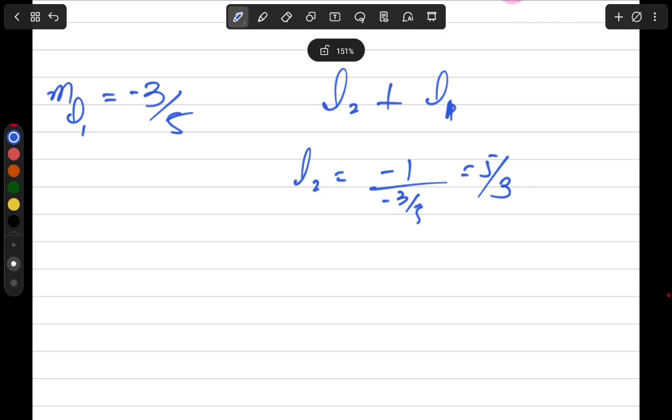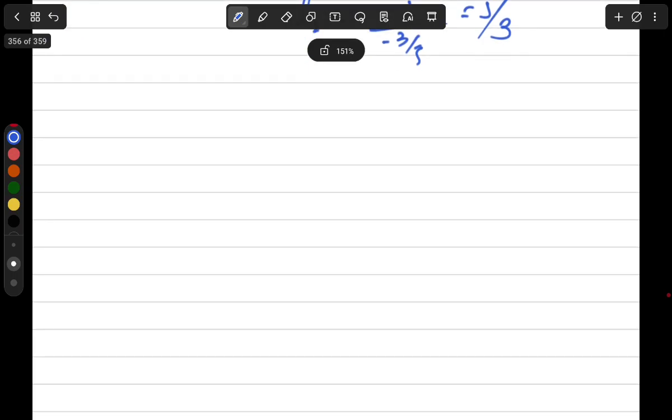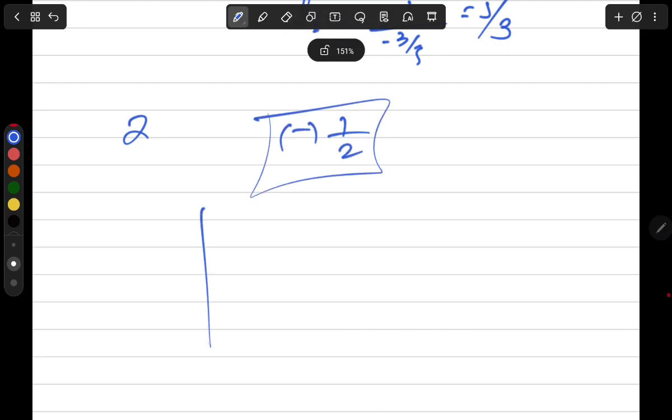Now, the mistake that students make and examiners always cry about in their reports is that students only flip. So if the gradient is 2 for a line and if another line is perpendicular to it, they just do 1 upon 2 and they forget to put this minus sign, which is absolutely important. Because if it is 2, the gradient is going to be like this, a change of 2 units in y with a unit change in x, right?